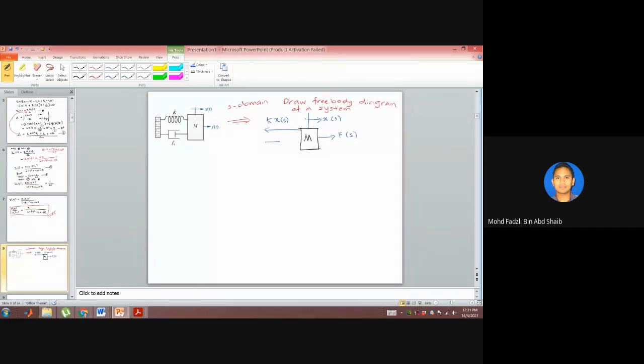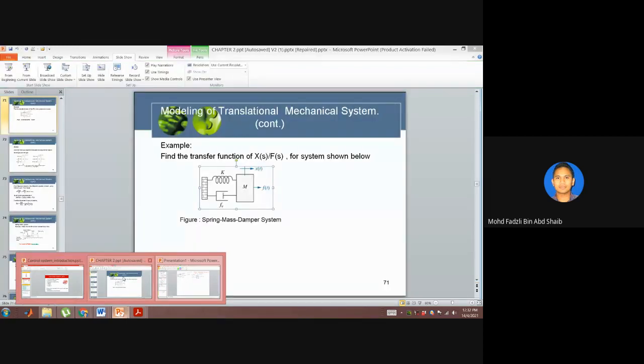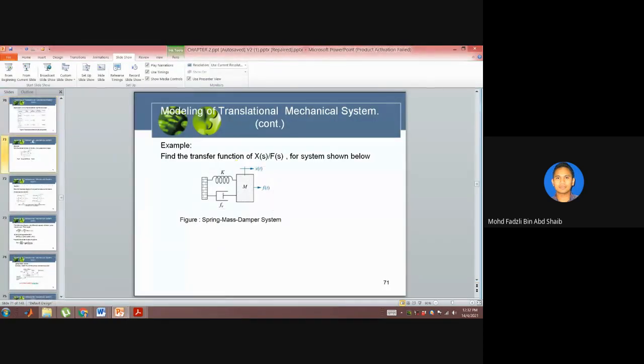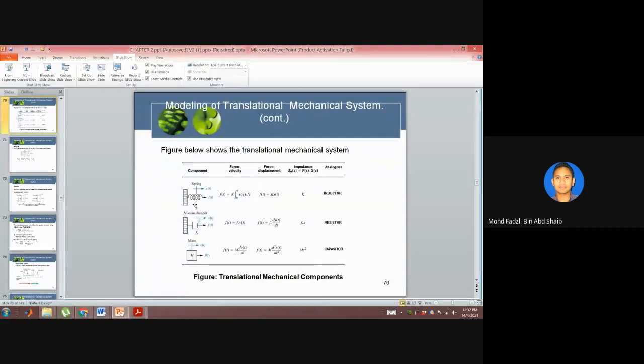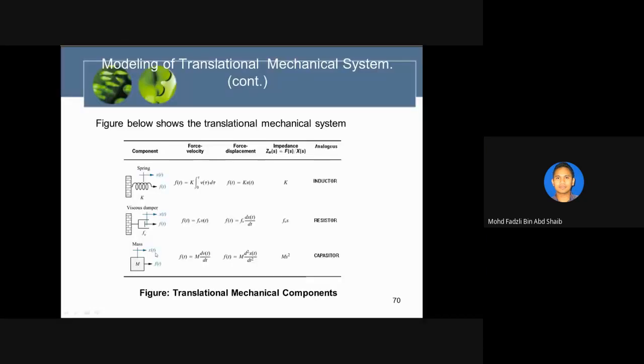How about FV? FV times S times XS. If FV times S, M needs to times S squared.